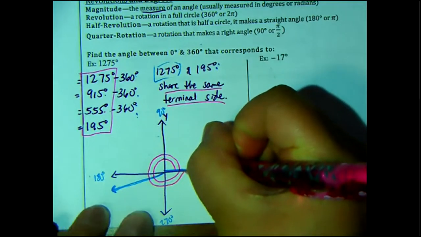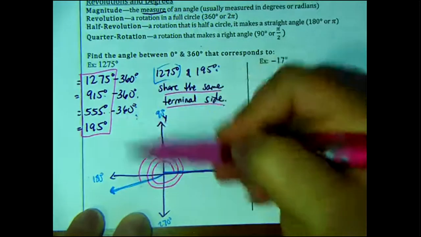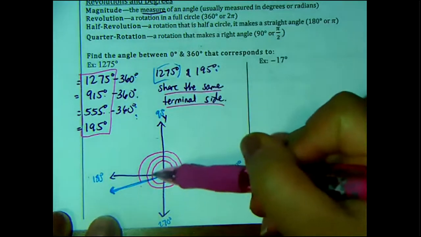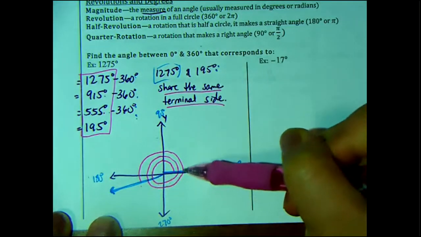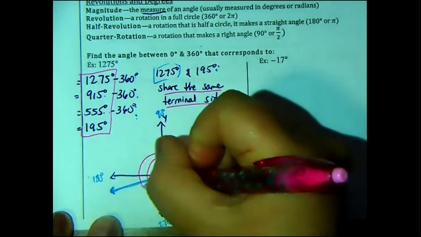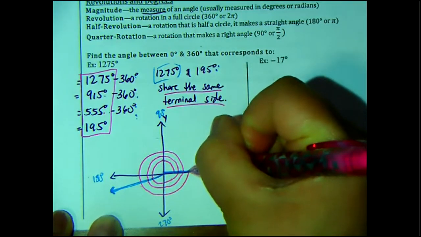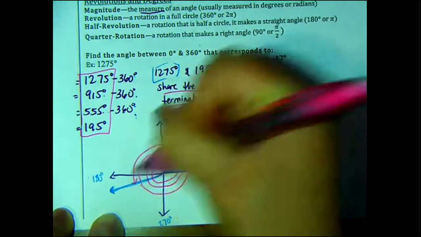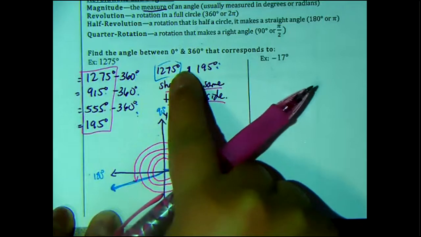Now that's 2 full 360s, continue on to the 195. I have now graphed 915 degrees. Okay, notice I've gone around 1 full revolution, 2 full revolutions, and the 195. Now, if I take this to the third full revolution, and then bring over the 195, this is now my 1,275 degrees.